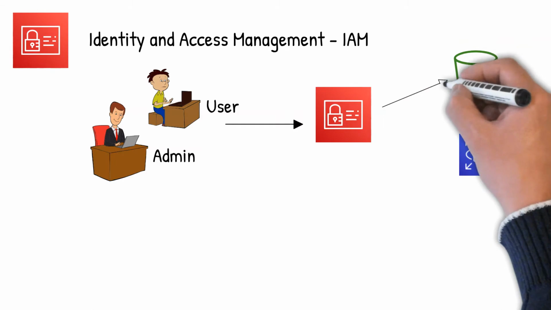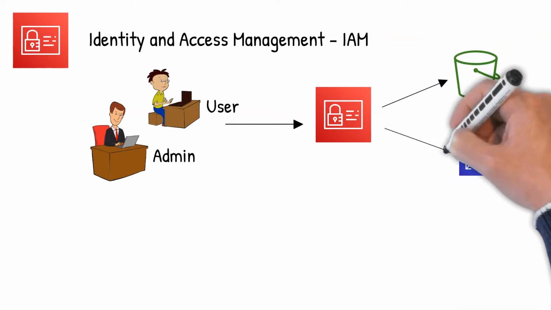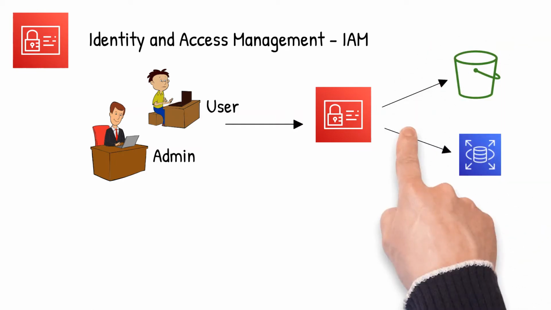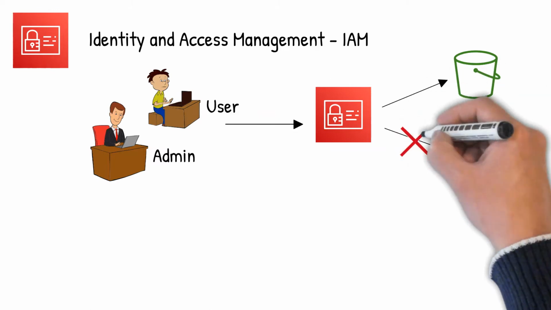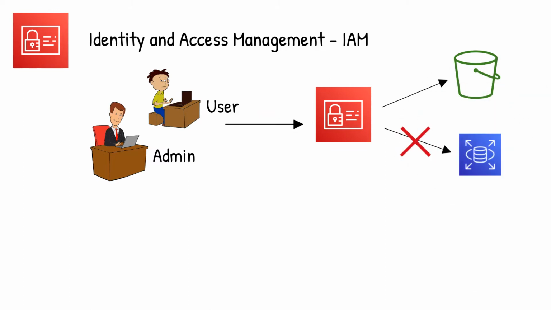When setting up these boundaries, the most important security principle to keep in mind is the least privilege principle, which states that you should only give necessary permissions to an individual to perform his or her job and no more.